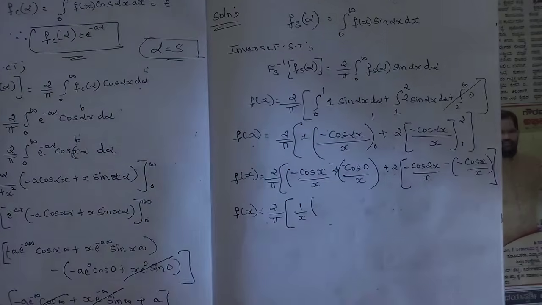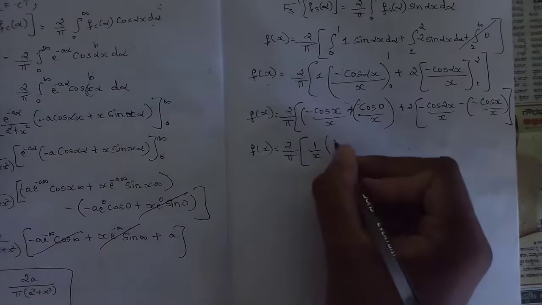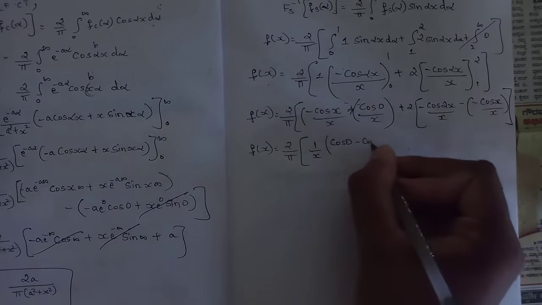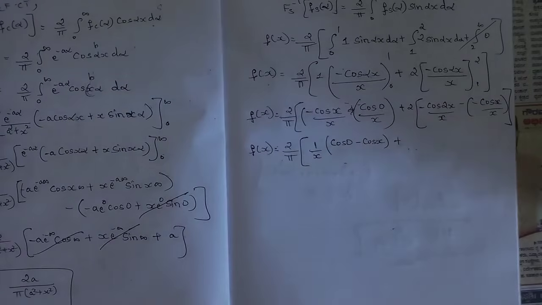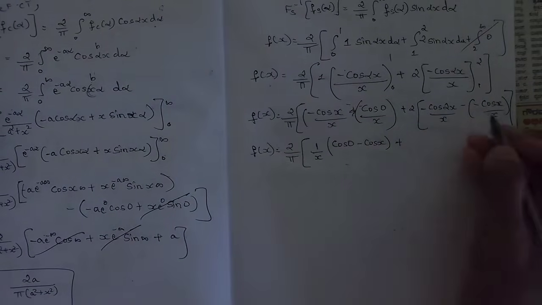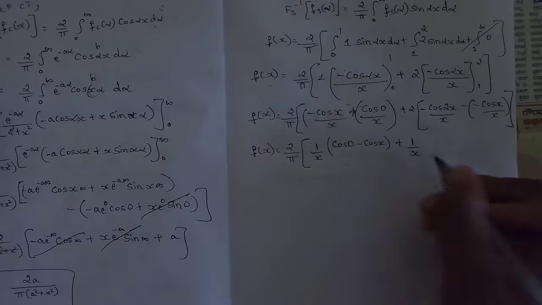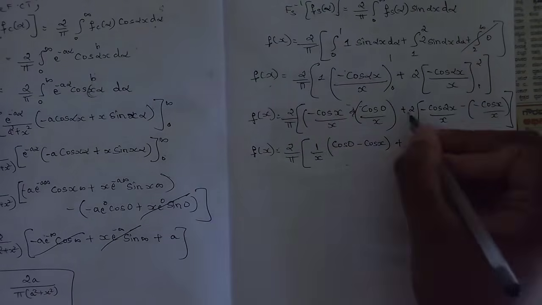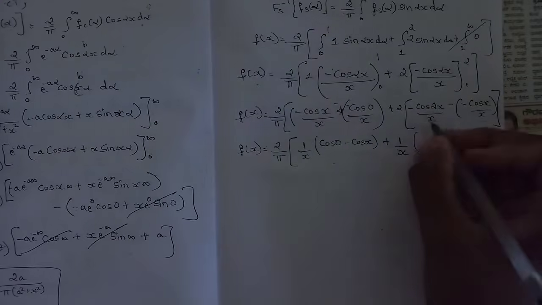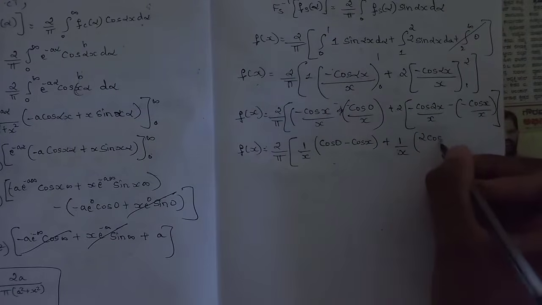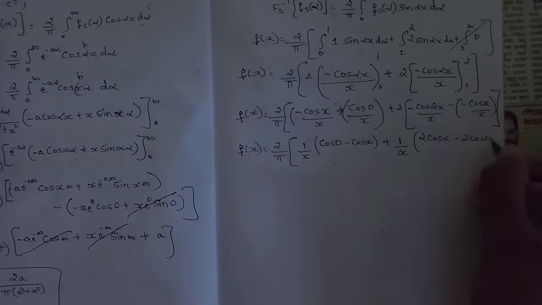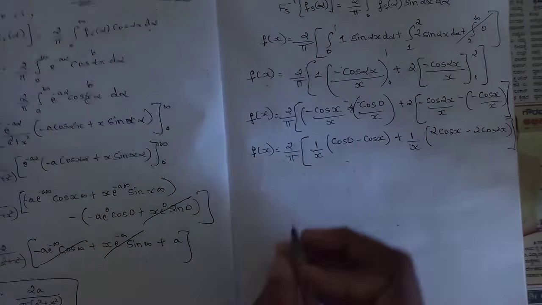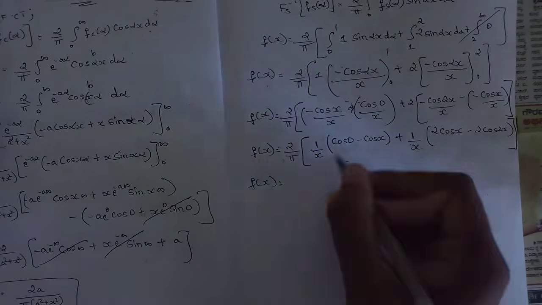So I'll write the positive term first, that is cos 0 minus cos x, plus, here again 1 by x is common, so I'll bring that outside, and I'm going to multiply 2 to the numerators. First I'll write the positive term, minus into minus is plus, so plus 2 cos x minus 2 cos 2x.